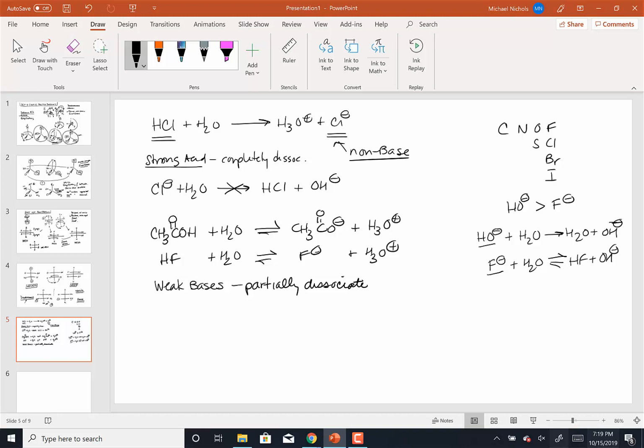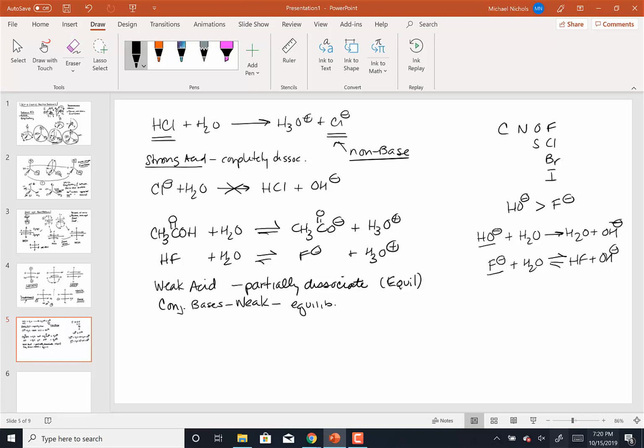If they only partially dissociate in water, then that means that they're weak acids. So these are weak acids because they only partially dissociate, which means that there's an equilibrium involved, and their conjugate bases are also going to be weak because they're going to be involved in an equilibrium when you react them with water.